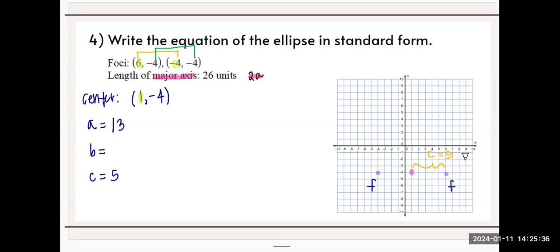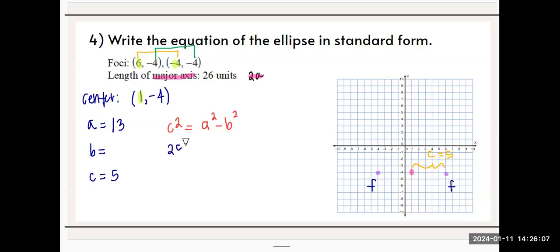Okay. Now it doesn't say to graph, so we don't have to do the whole graph unless you want to. So like right now, we wanted to go left and right 13, we could. But what are we doing? We're writing the equation. So we just need to find B. And for that, we can use the formula. And you say it's 12. So that would be what? That is 25.